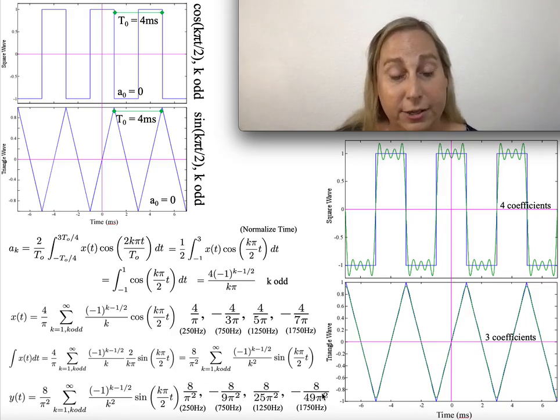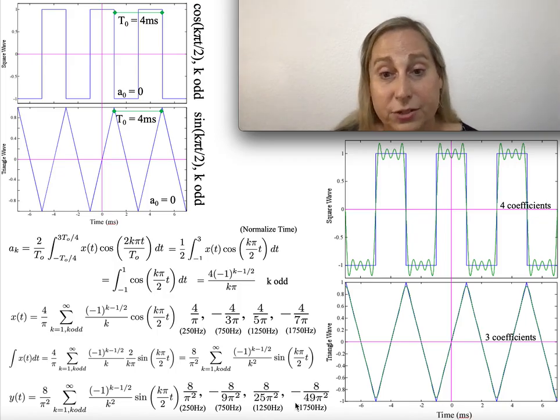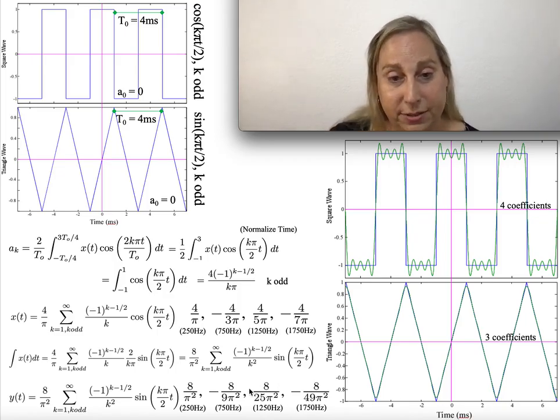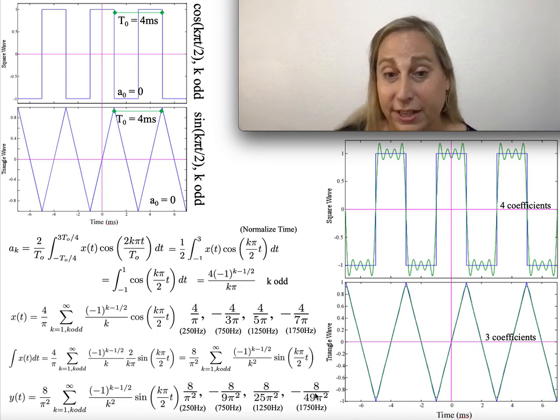There's only going to be odd terms, not even terms, but now it's 8 over pi squared minus 8 over 9 pi squared. Notice how fast these drop. Once I've gotten to this fifth term, I realize that the next term is maybe 2% of the energy, and then it gets even smaller and smaller.